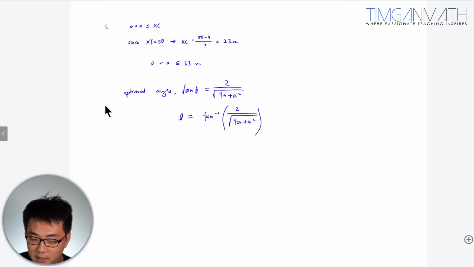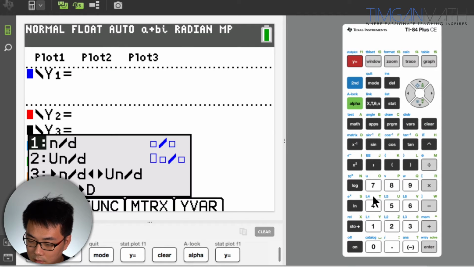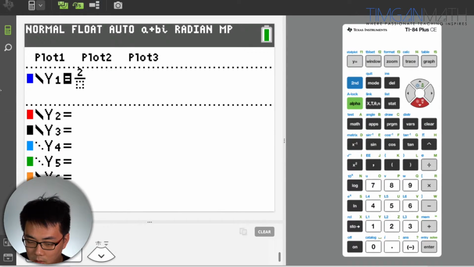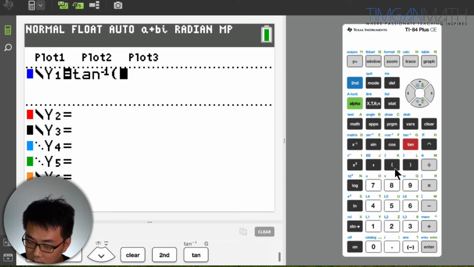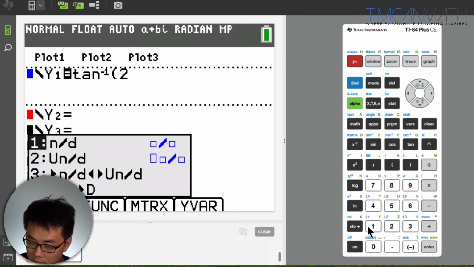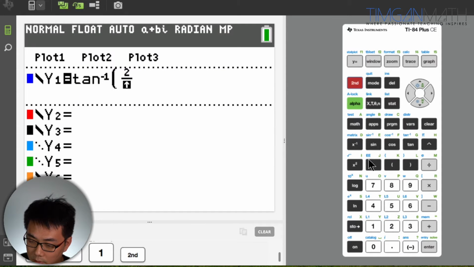Yeah, I'm just going to plot this angle out. So tangent inverse of 2 over square root of 4x plus x square.